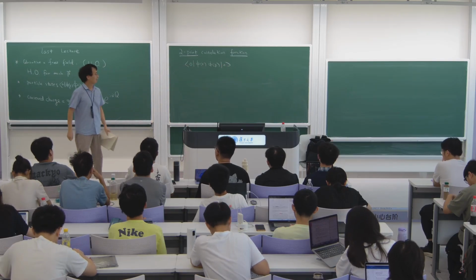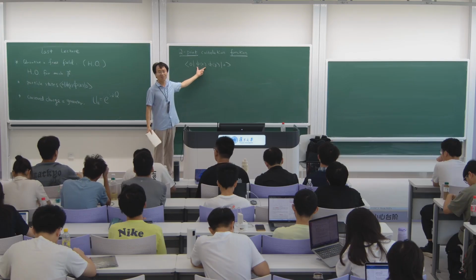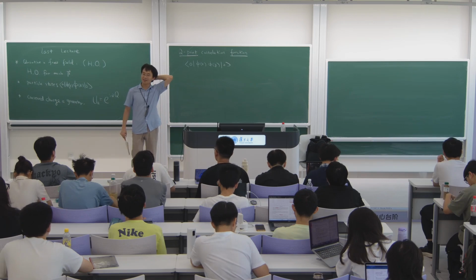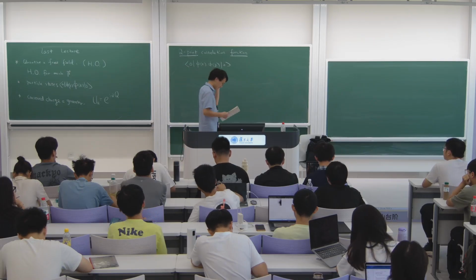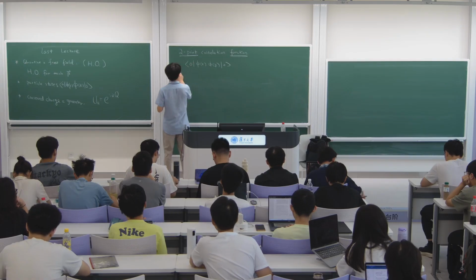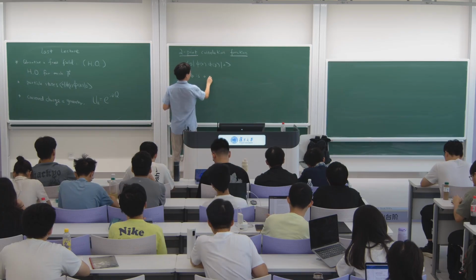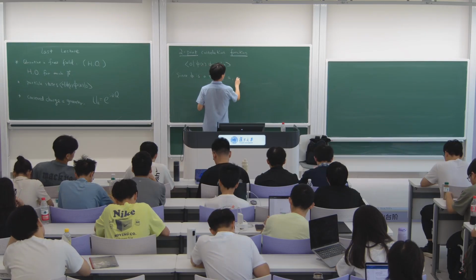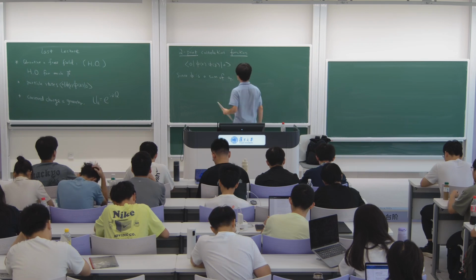Well, as learned last time, the stupid way is just to plug in the operator definition of phi in terms of a and a dagger, and calculate.